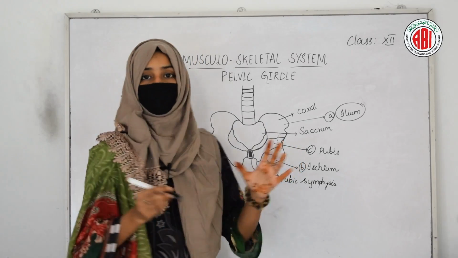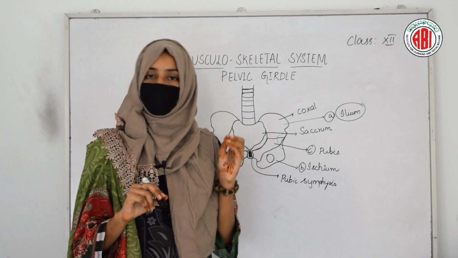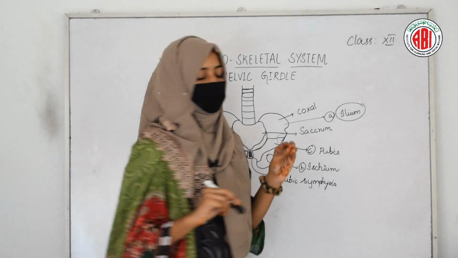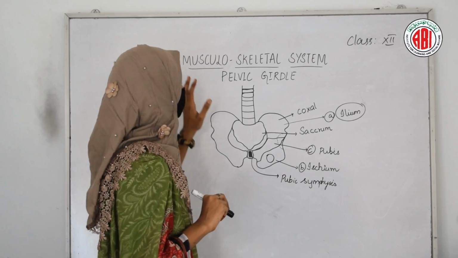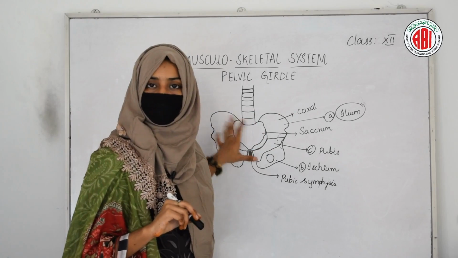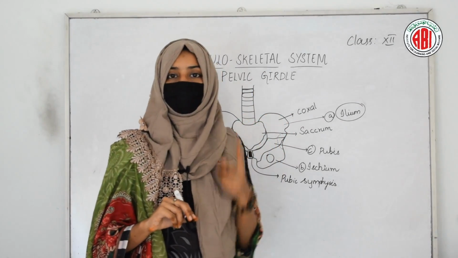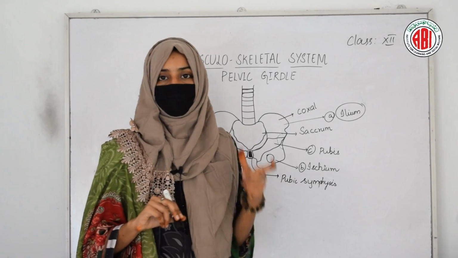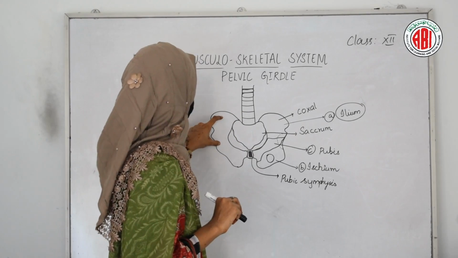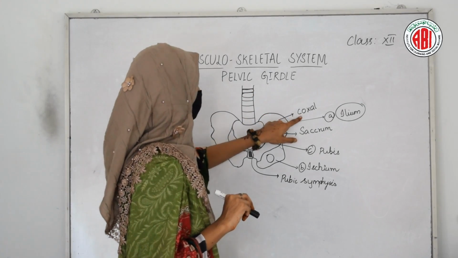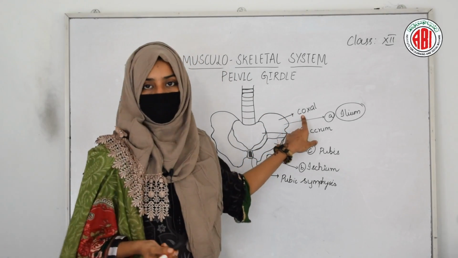The pelvic girdle provides a space for joining the initial bones of our leg, right? When you look at the structure of the pelvic girdle, you can find two main bones, as in the pectoral girdle, where we have seen two main bones, the scapula. Likewise, here also two major bones are found in the pelvic girdle, and we call these bones coxal bones.